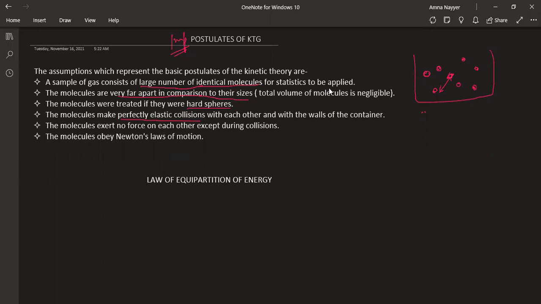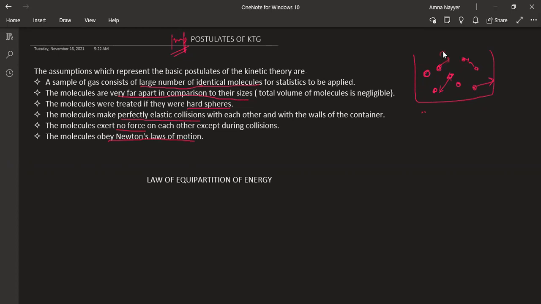So they collide with each other as well as with the walls of the container. Apart from collisions, no force is exerted by the molecules on other molecules. During collisions they can. And they obey Newton's laws of motion.